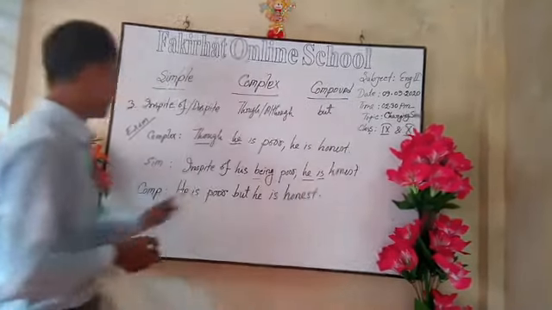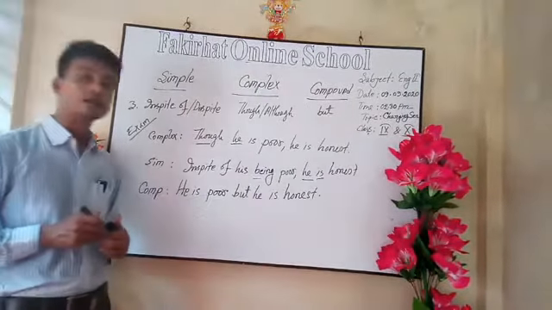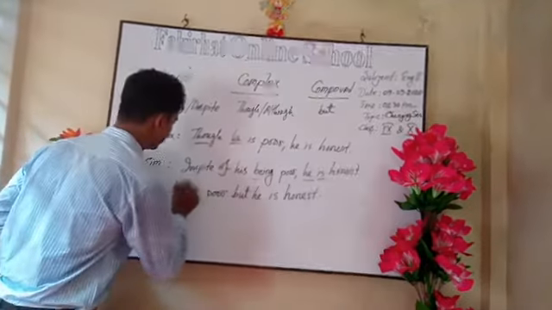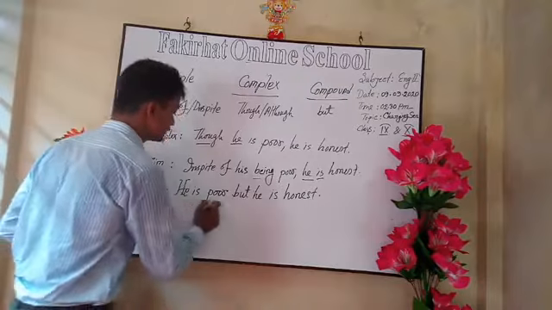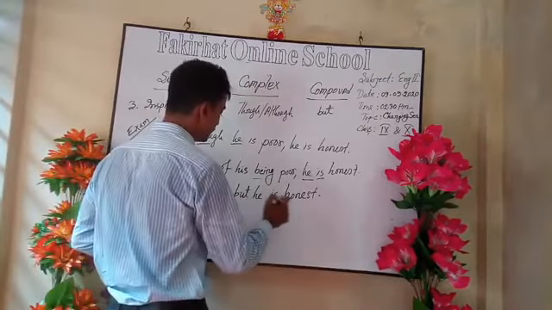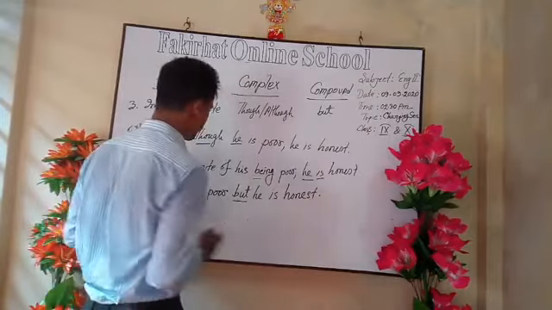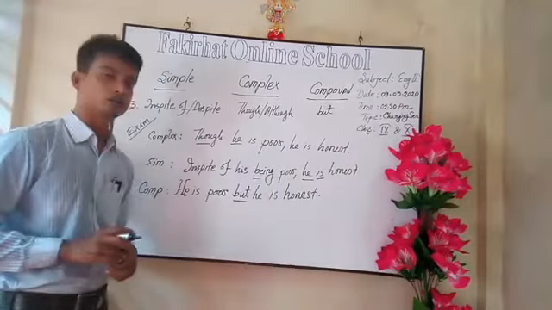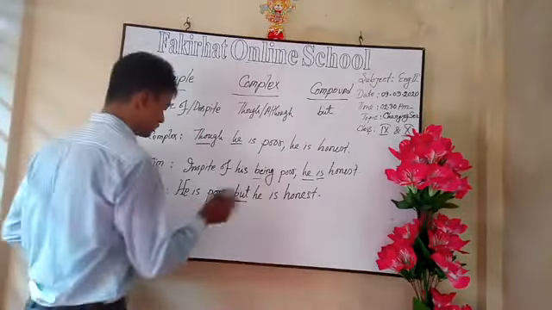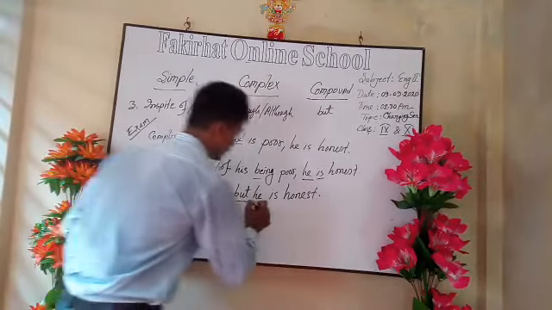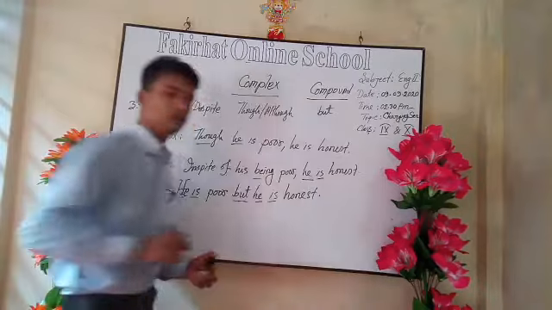Dear students, please look at the sentence. Here, he is poor, but he is honest. So this is a coordinating conjunction, and this sentence has two coordinate clauses.